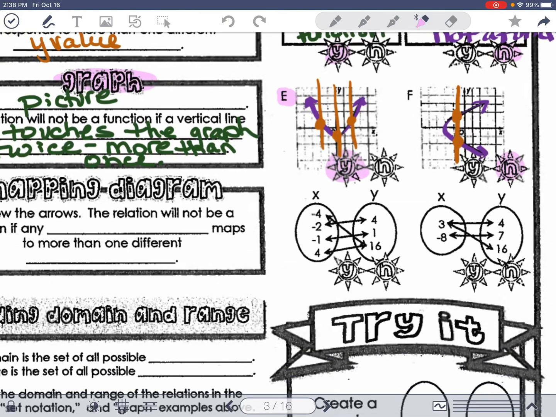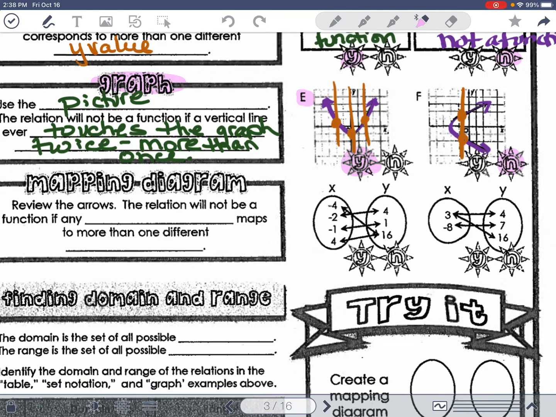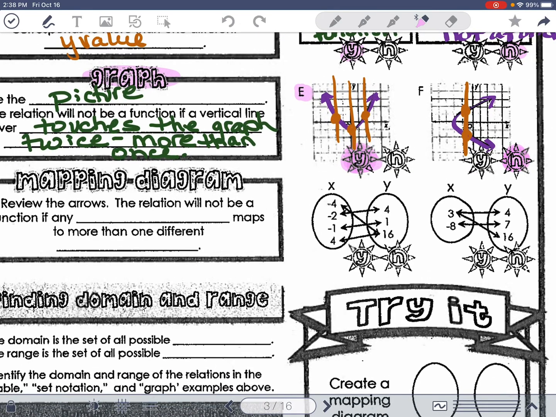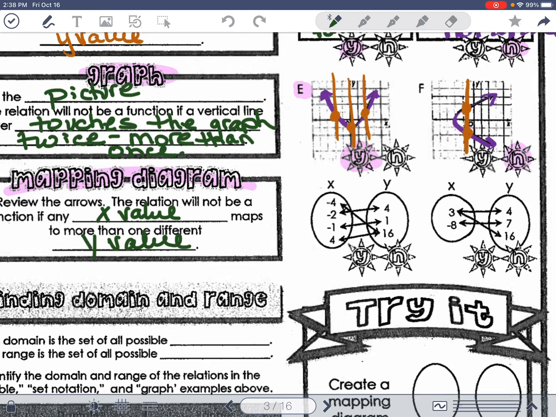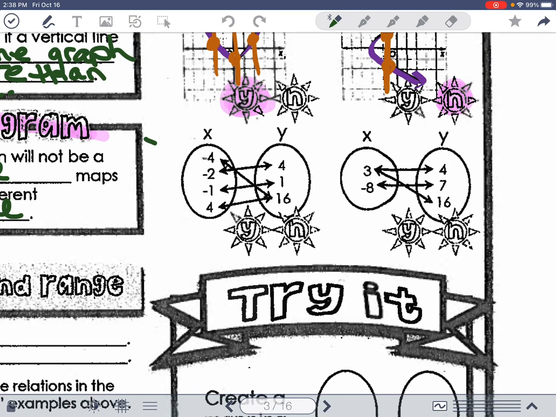The next way we look at a relation to see if it's a function is the map. We use what's called a mapping diagram. Review the arrows. The relation will not be a function if any x value maps to more than one different y value. So let's look at the examples. All right, this is called mapping right here.